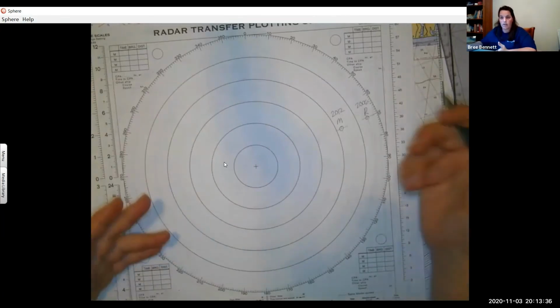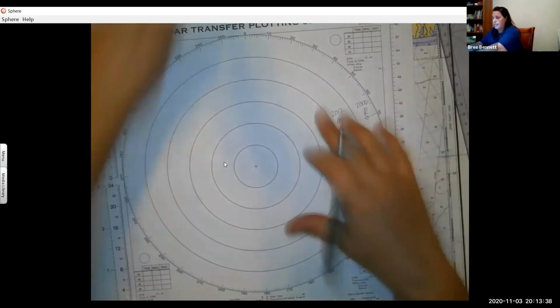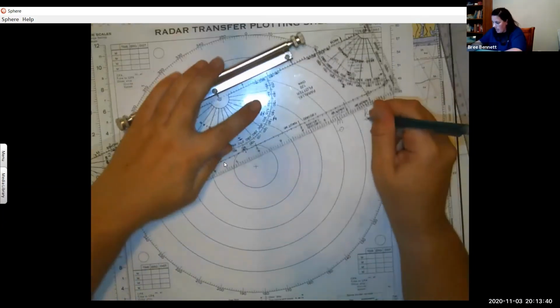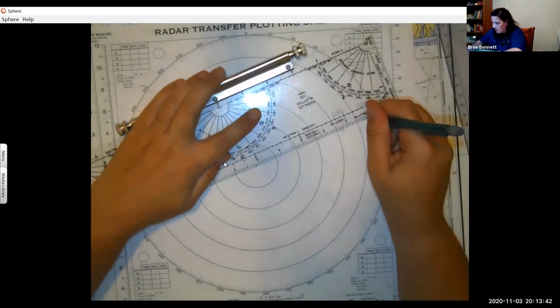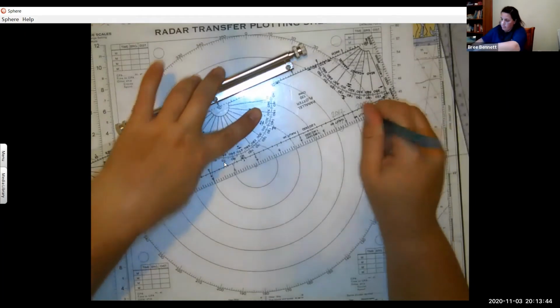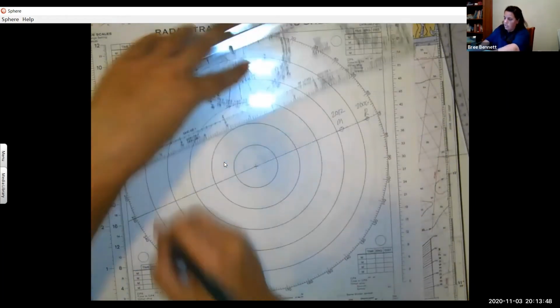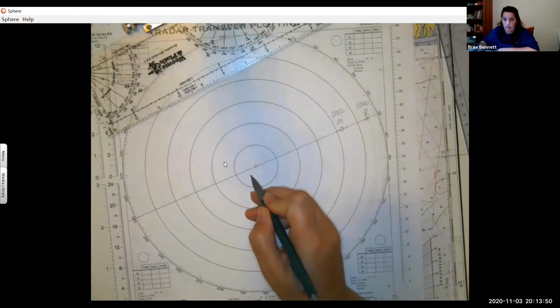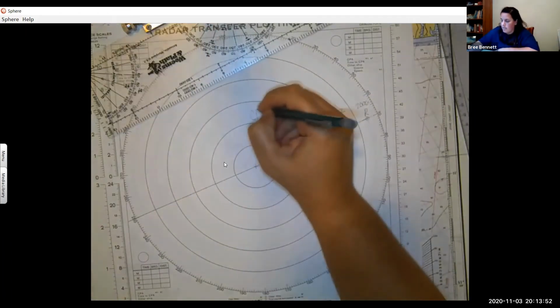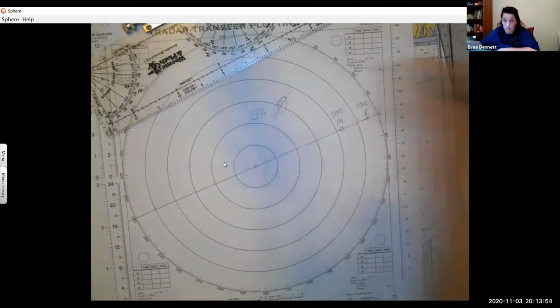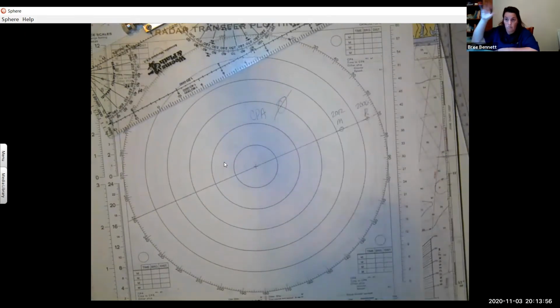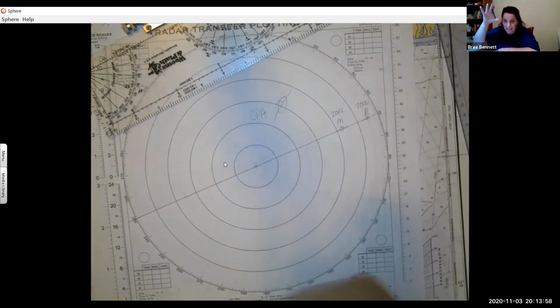We connect our R and M to get our relative motion line, and it is along the same degree. So my relative motion line goes through me. So I have a CPA of 0. Red flag. We're going to have to do something.